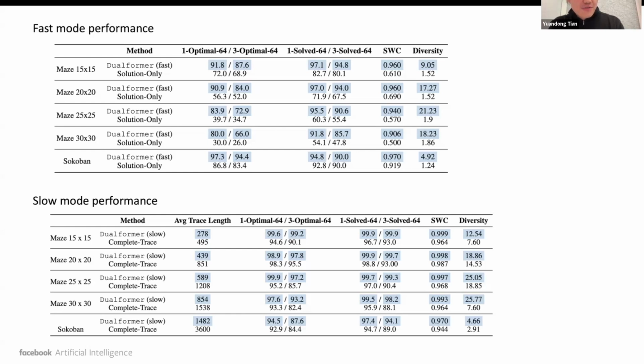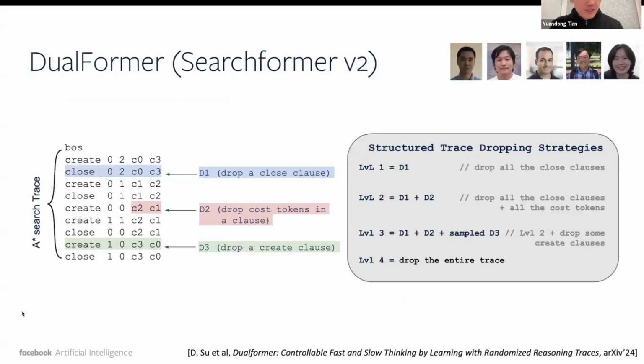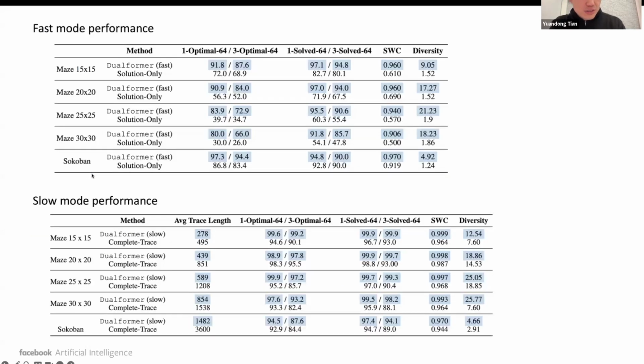But if the first token generated by the Dualformer is a start token, which is basically the first token for any trajectory, any thinking process or search trace, then the model will get into the slow mode.